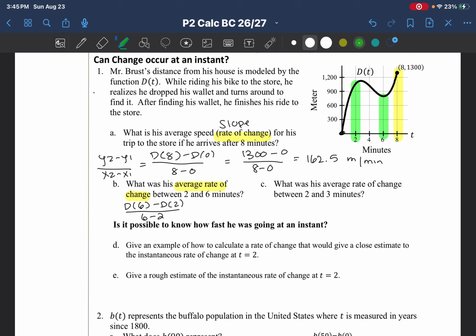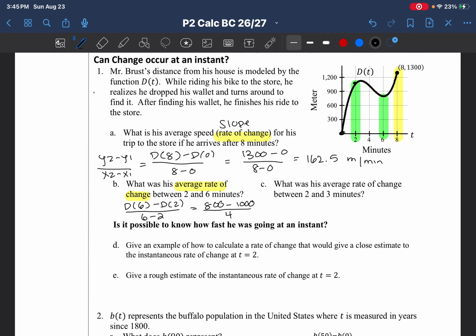So let's say d of 6 is a little below 900, so maybe 800. So we have 800 minus d of 2, which is between 900 and 1,200, so let's say 1,000, all over 6 minus 2, which is 4.